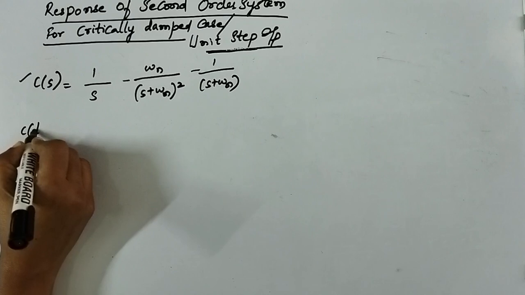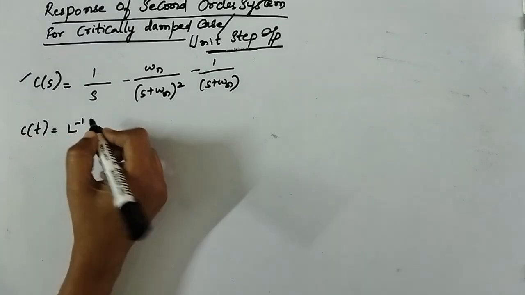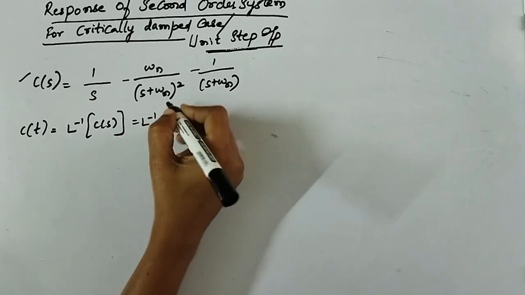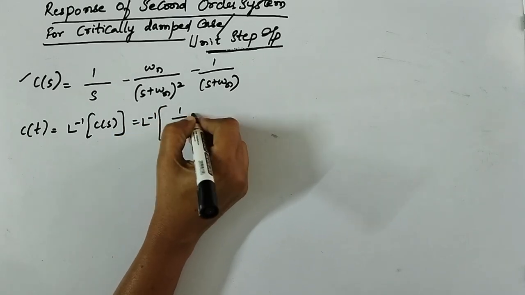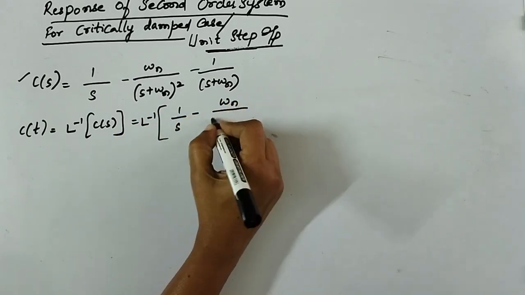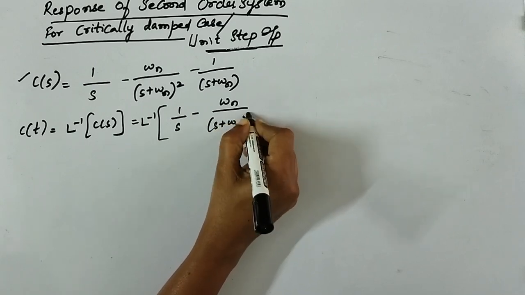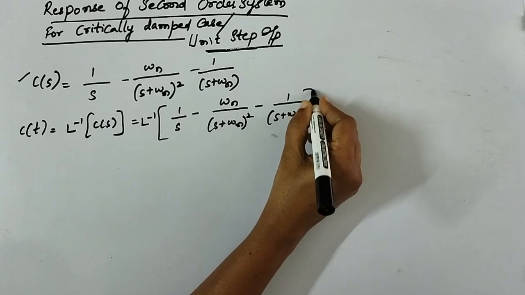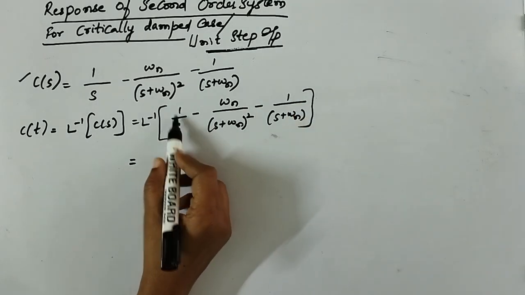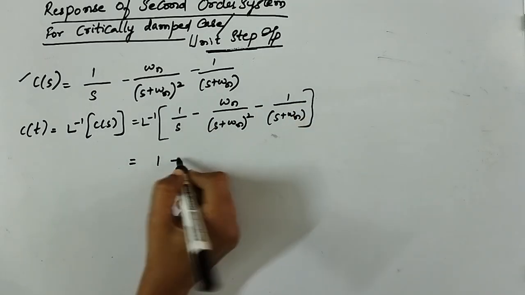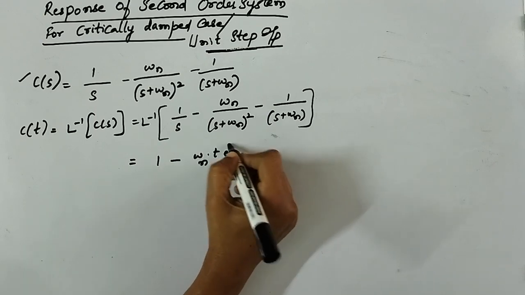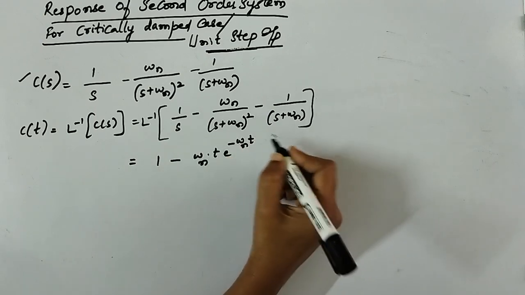So c(t) equal to Laplace inverse of C(s) equal to Laplace inverse of 1/s minus omega n / (s + omega n) whole square minus 1/(s + omega n). This would be, for Laplace inverse of 1/s is 1, and for this one omega n into t e power minus omega n into t.